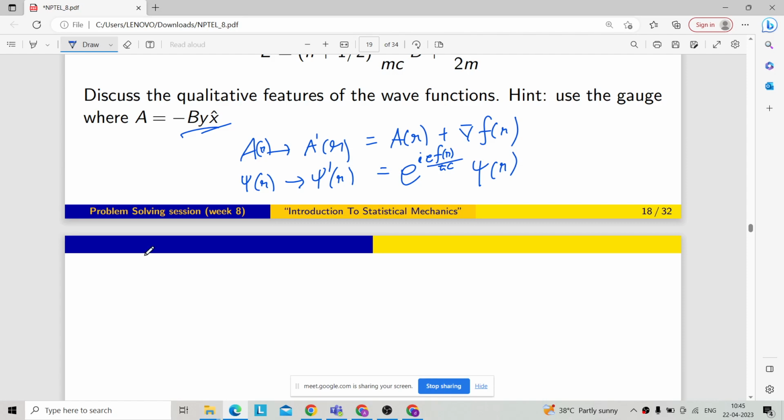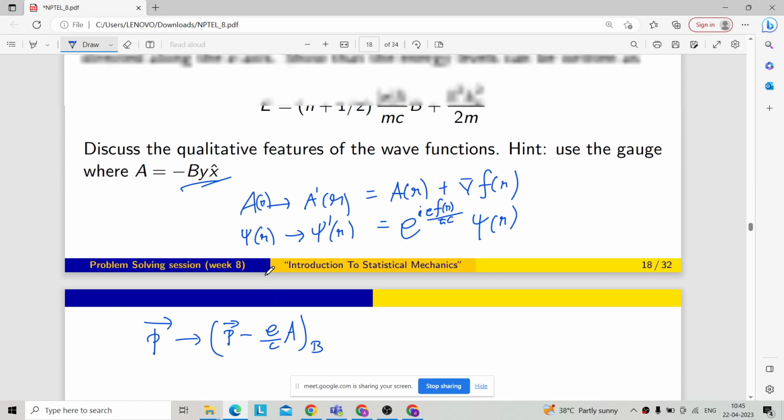Okay, in presence of magnetic field, the momentum changes to P minus e divided by c into A, right? This is the momentum in the magnetic field.